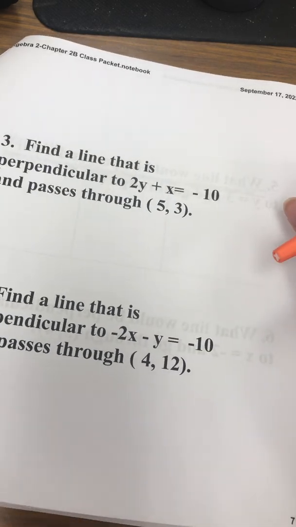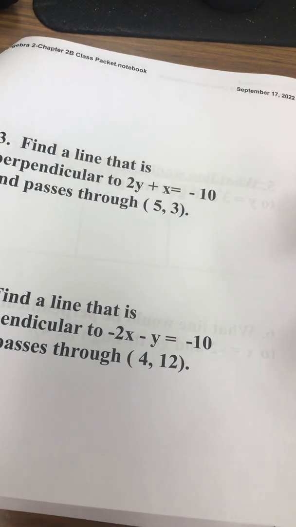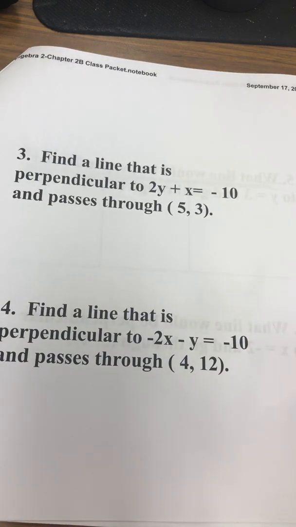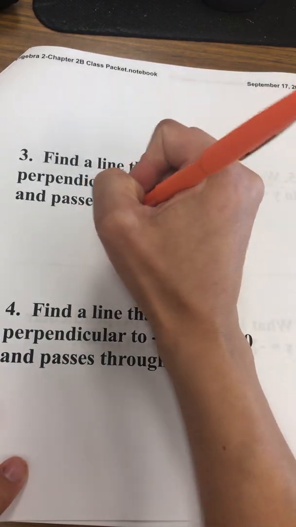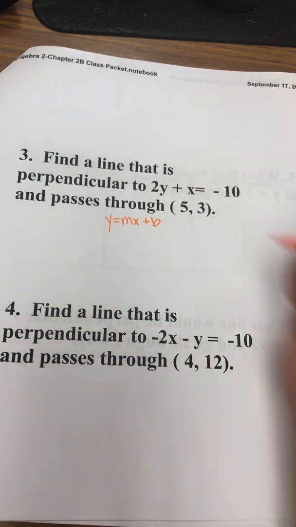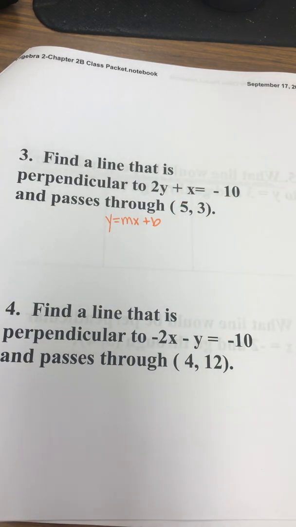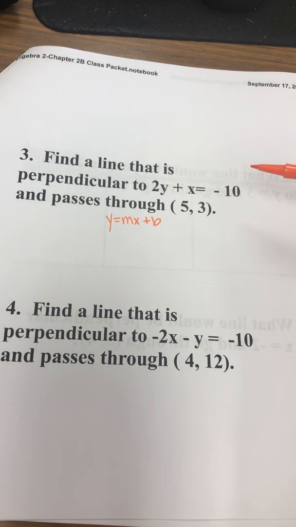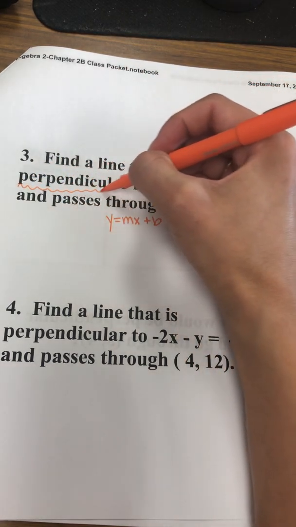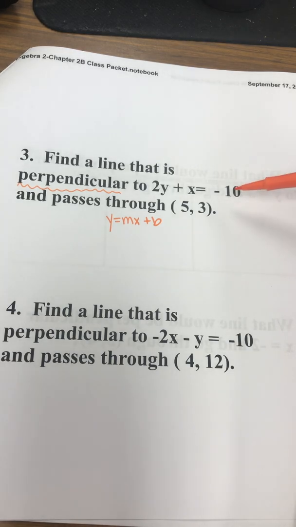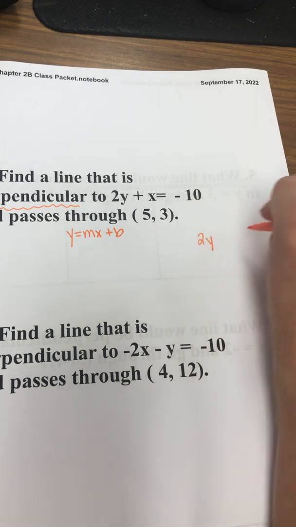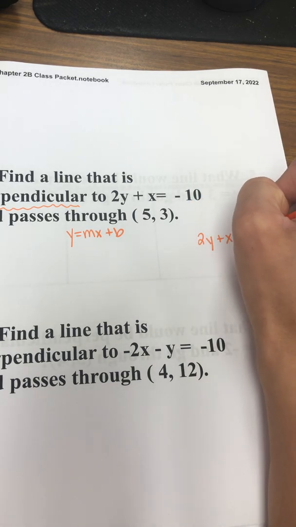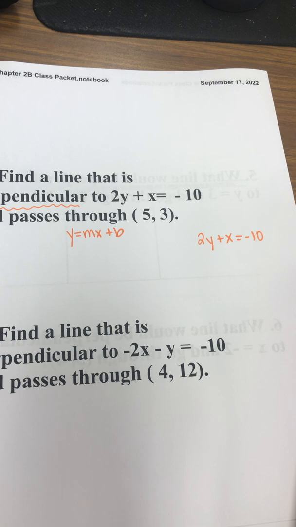Okay, let's try, which one should we try? Let's try number 3. So number 3, same thing. To get my slope, to get my m, I gotta look at their slope and then flip it and change the sign because it's perpendicular. However, theirs is not in y equals mx plus b. So I'm gonna go off to the side and first convert that.